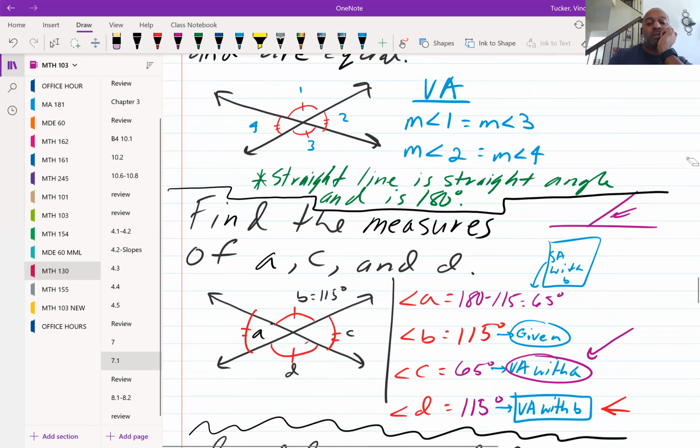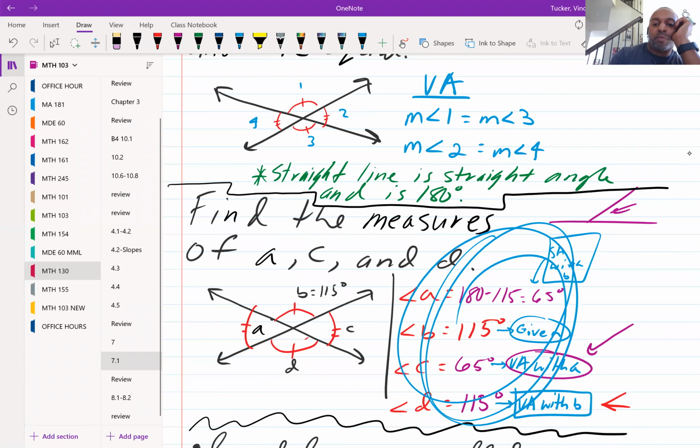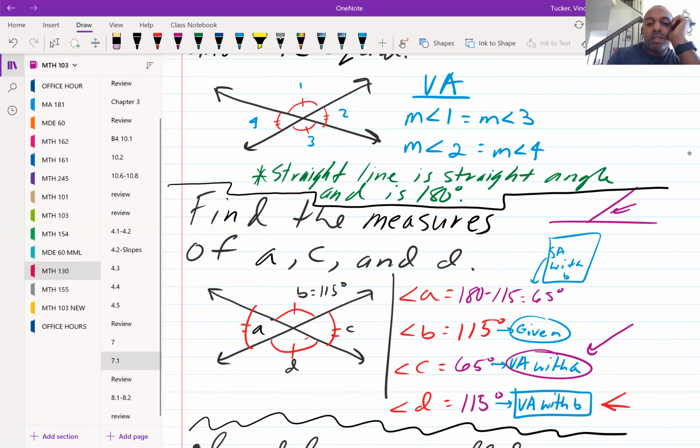All right. So we're looking at this next example. I know I kind of jumbled it in here. This right here is the work, so that's not part of the problem. But this is what it would give us. It would give us: find the measures of A, C, and D, and they give us that B is 115 degrees. So you wouldn't have this, or this.